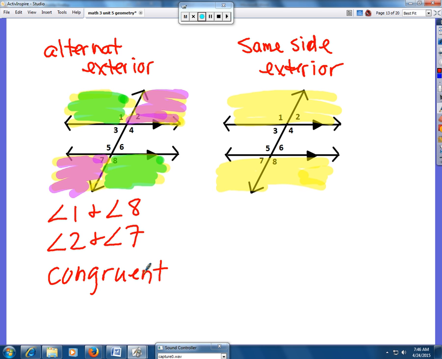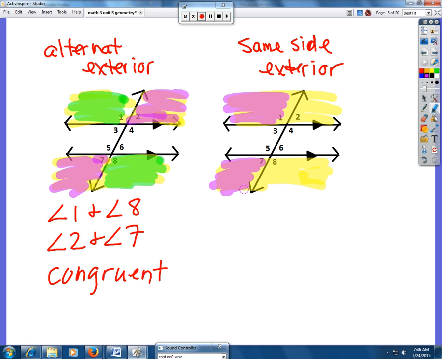Let's look at same side exterior angles. Same side exterior angles. This one and this one are on the same side. And then the other pair that are on the same side, I bet you can figure it out, are angle 2 and angle 8.